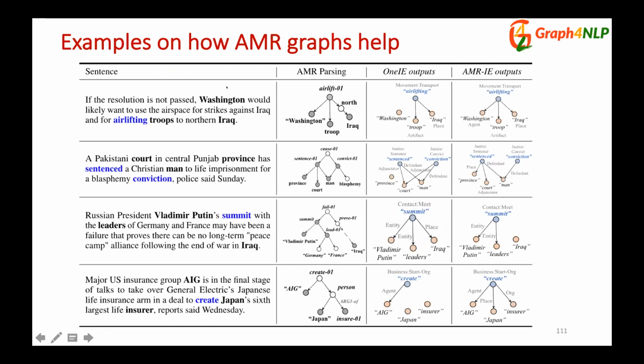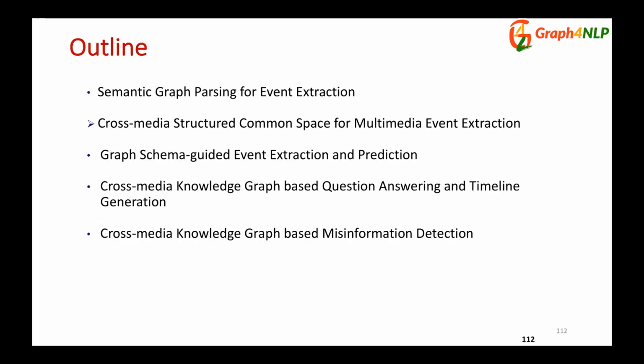So this should be playing the agent role. But because Washington is a little bit far away from airlifting in the input sequence, the sequence-to-graph framework failed to identify this link between airlifting and Washington. But using graph-to-graph encoding and decoding, we can find this link back. So that's about improving the quality.